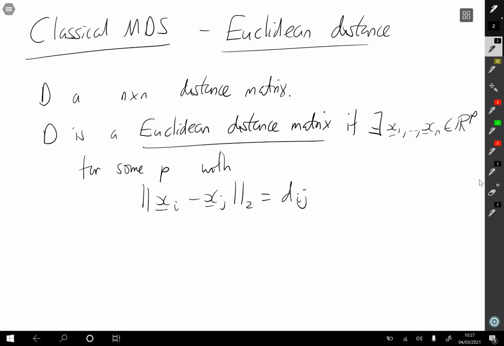In other words, the Euclidean distance between i and j is d_ij. Remember, Euclidean distance is the square root of (xi minus xj) transpose times (xi minus xj).